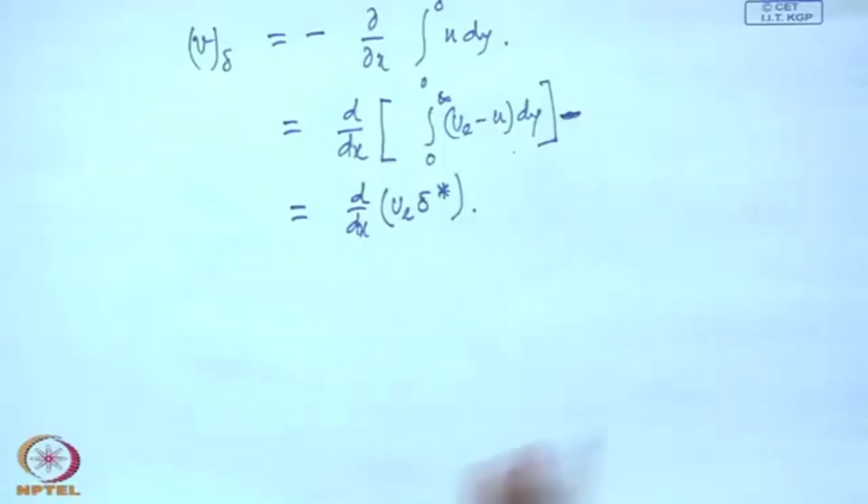Our original inviscid flow boundary condition was a 0 normal flow, V is 0 on the wall, U is anything. Now, what have we got? U is still anything, but for V we have got something which is related to the boundary layer. So, in other words, the effect of the boundary layer is to modify the normal boundary condition.